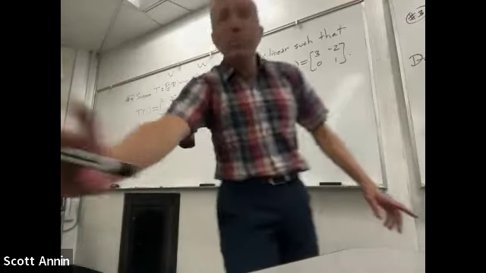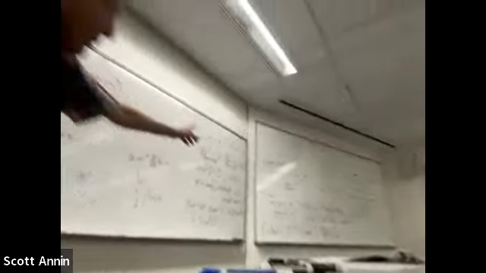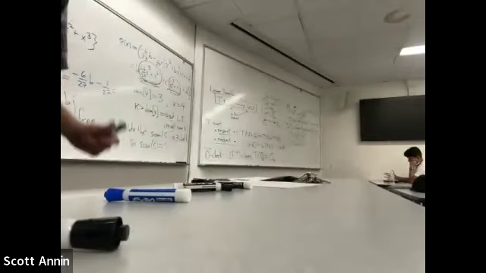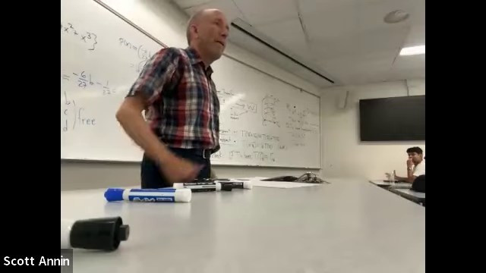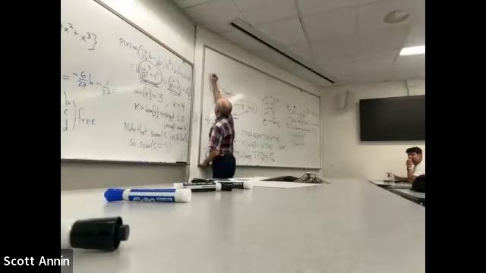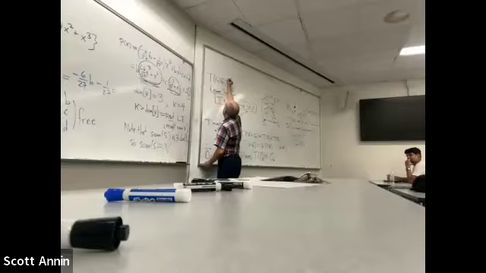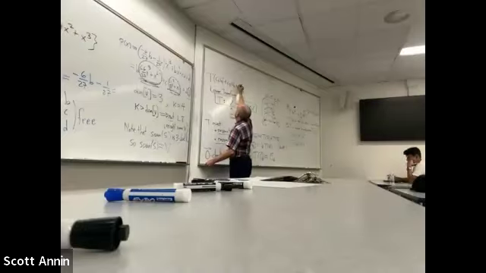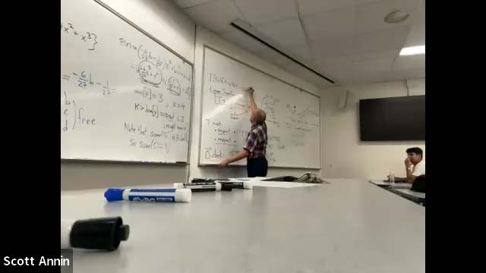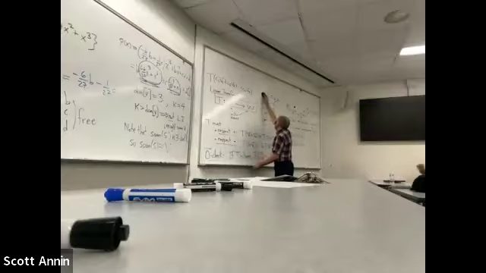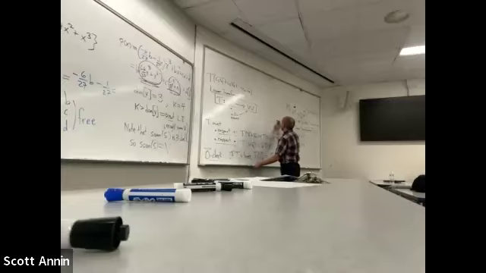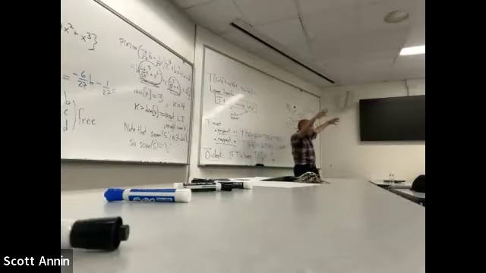By the way, if T respects addition and scalar multiplication, then would you agree that it would also respect all linear combinations? In other words, if I had T of C1 V1 plus C2 V2 plus dot dot dot plus Cn Vn, if I already know that T respects addition, and I already know that T respects scalar multiplication, do you agree that I can totally bust this out?